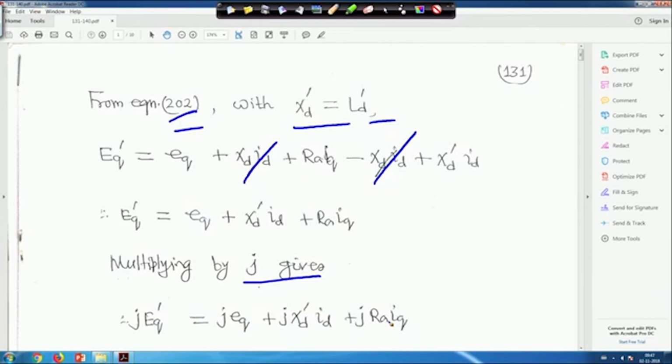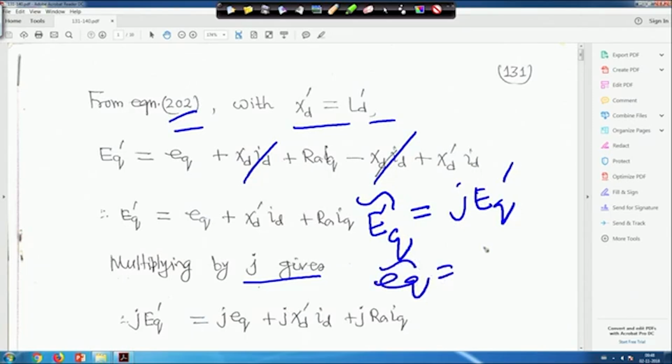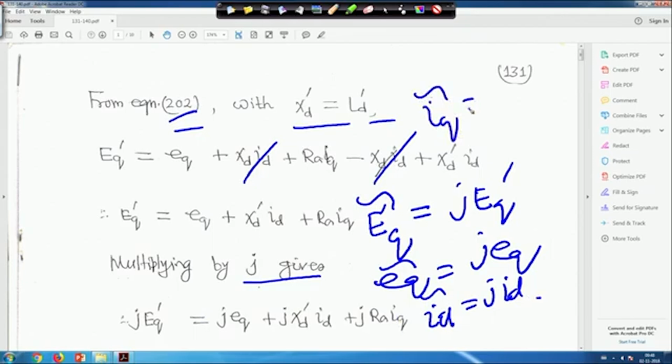Now, before going to the next page, we will define the phasor quantities same as before: E_q dash tilde will be j E_q dash, E_q tilde will be j E_q, I_d tilde will be j I_d, and I_q tilde will be j I_q, right. Because we have to draw the phasor diagram in the transient condition, you have to put them in the phasor form.